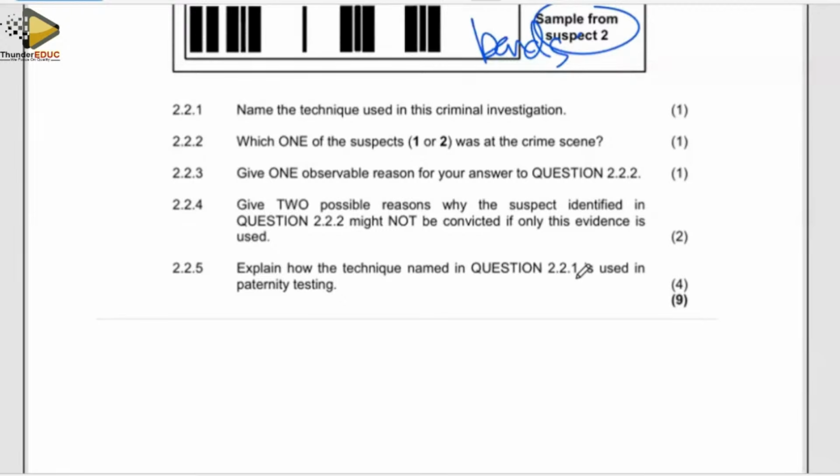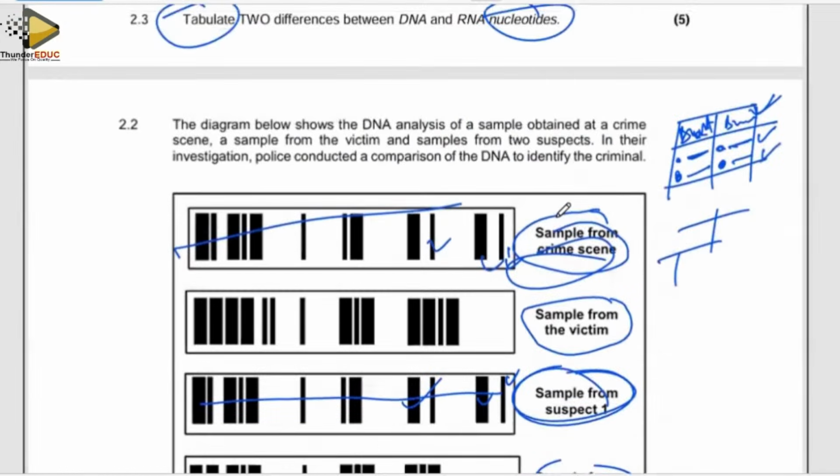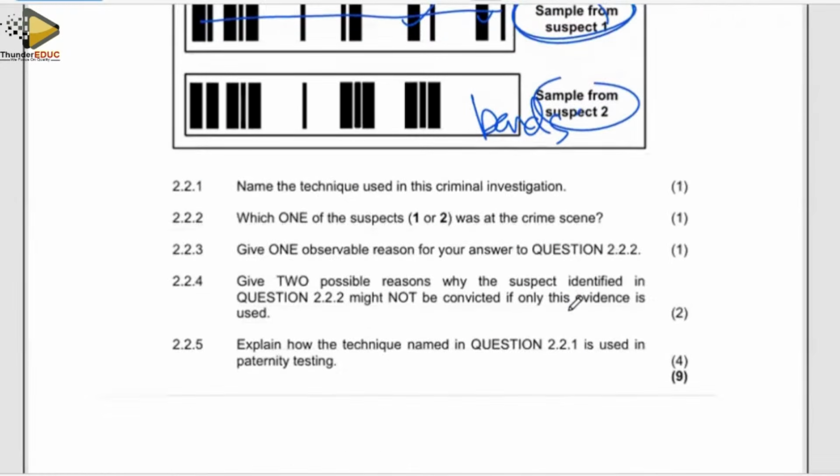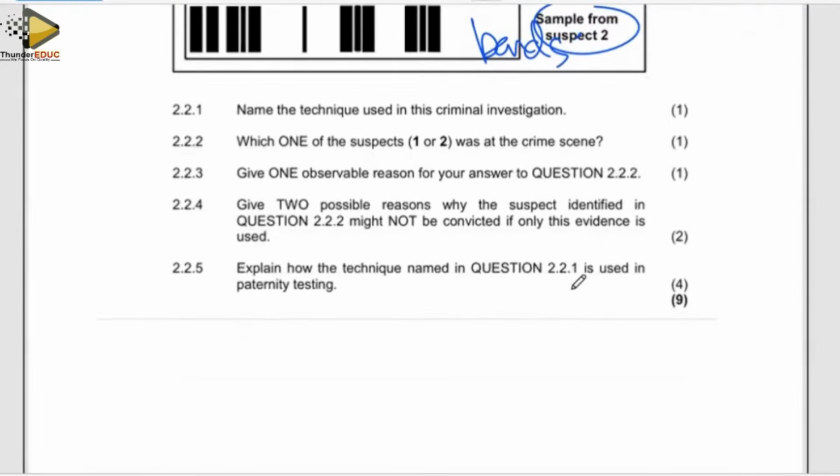It could be contaminated with something else. Maybe they used too small an amount of blood. They used a small sample from the crime scene. The suspect can say, no, that's not mine.